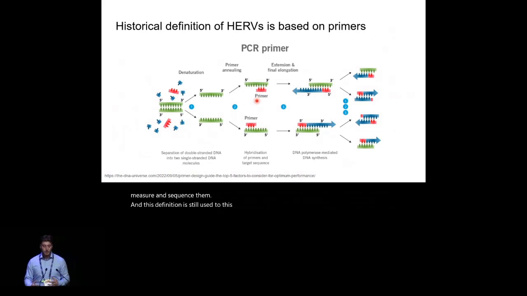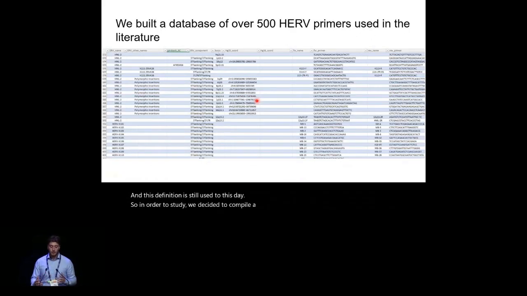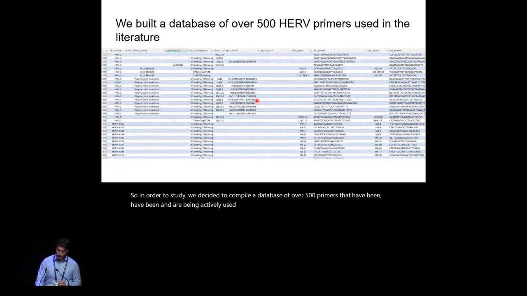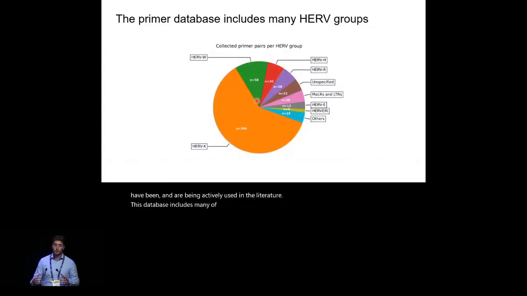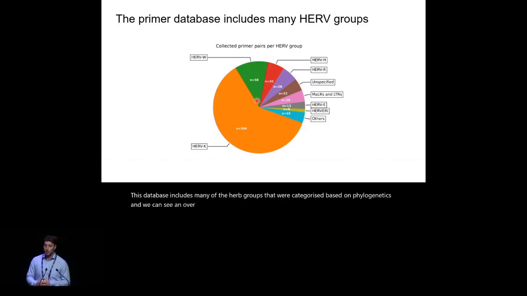So in order to study this, we decided to compile a database of over 500 primers that have been and are being actively used in the literature. This database includes many of the HERV groups that were categorized based on phylogenetics, and we can see an overrepresentation of HERV-K. Why? Because this is the most recent of the HERVs and is thought to have the most functional role.